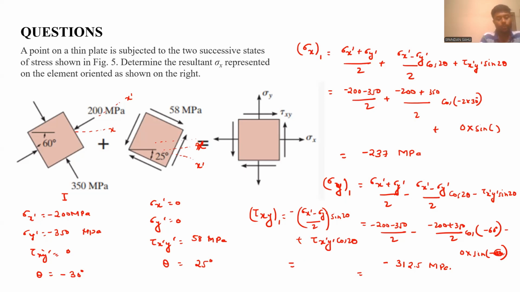So it will be minus of minus 200 minus of minus 350 by 2 into sine of minus 60 plus 0 into cos of minus 60. So it is coming out to be 64.95 MPa.